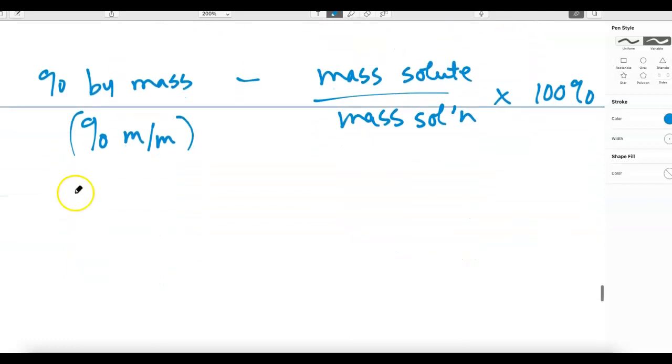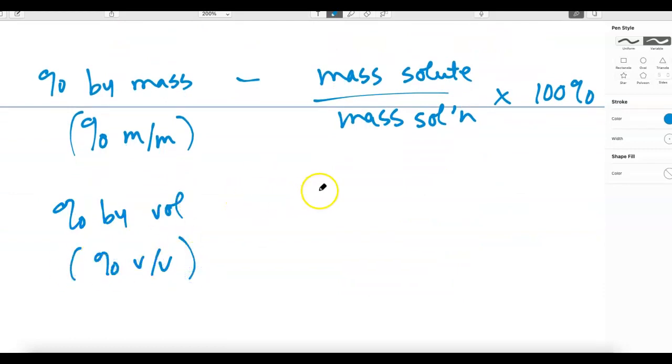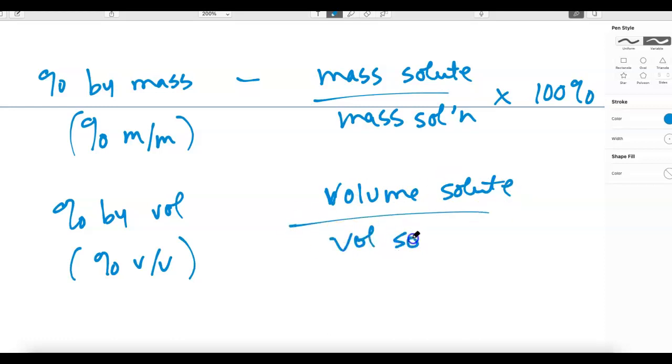And we can also have percent by volume, which would be percent v/v, and that's just the volume of the solute over the volume of the solution times 100%. And we'll use that in certain applications.